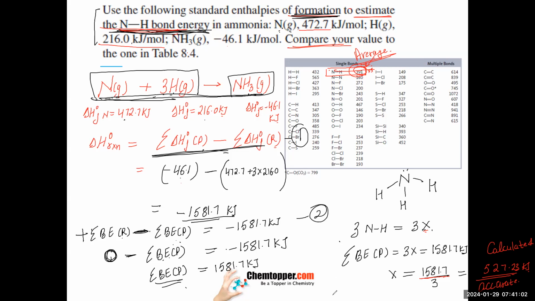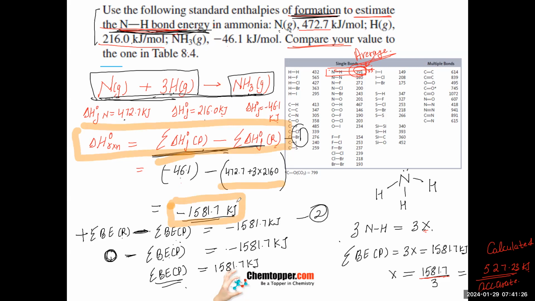They have given delta H naught formation values. From delta H formation values, I can calculate delta H of the reaction the way we did yesterday. I calculated delta H of the reaction, which is this value, right?